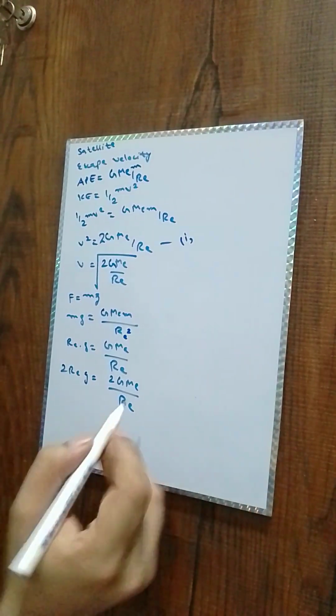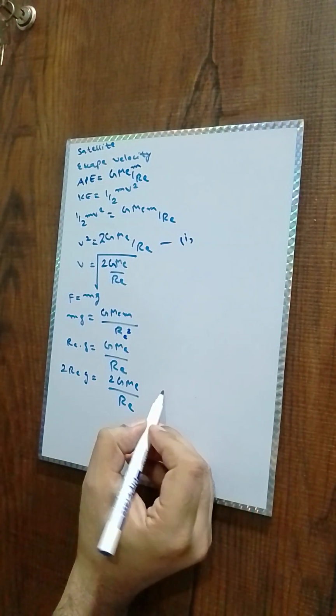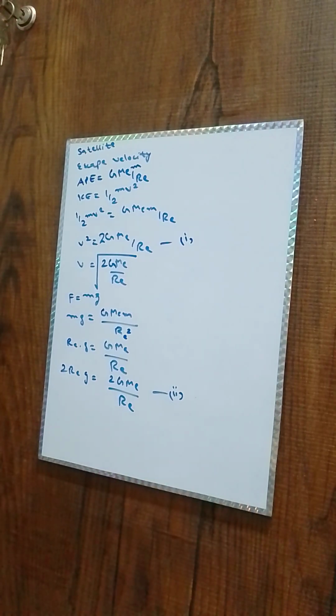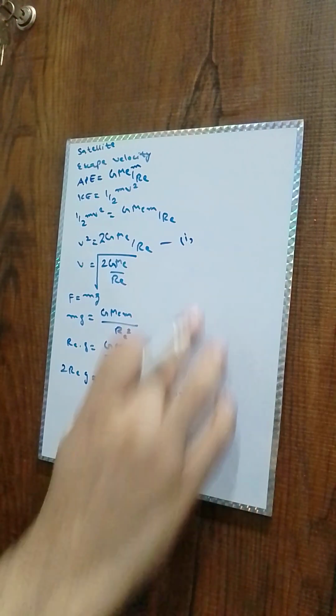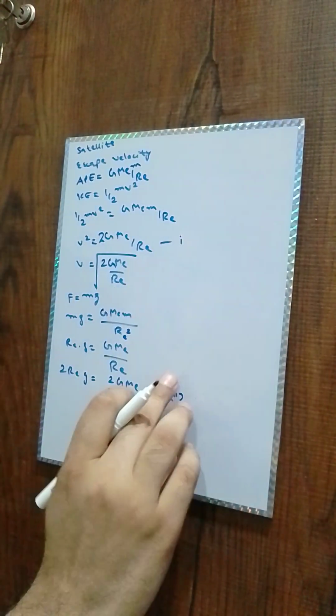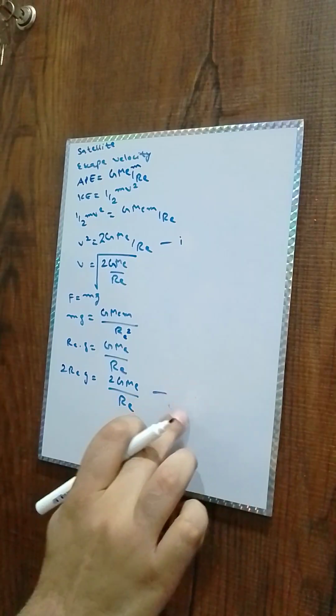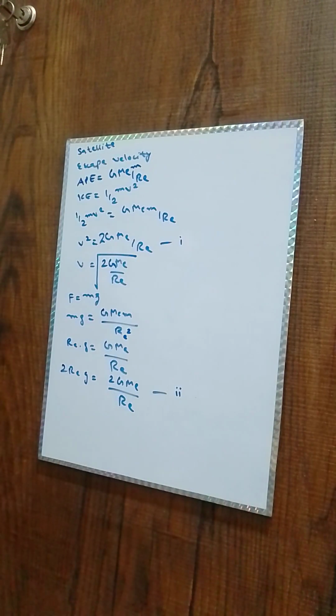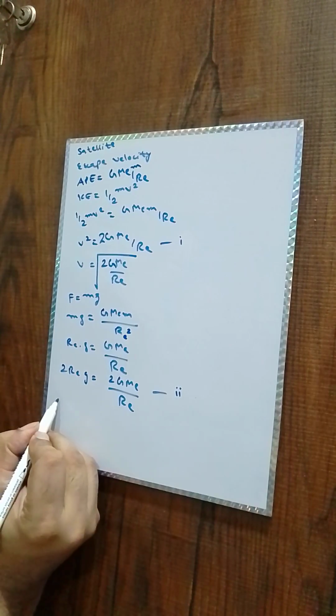Okay, let's make this one here, and let's make this 2 here. I'm being slow because I'm trying to avoid the error here. And so 2 G Me by Re is equal to v square.